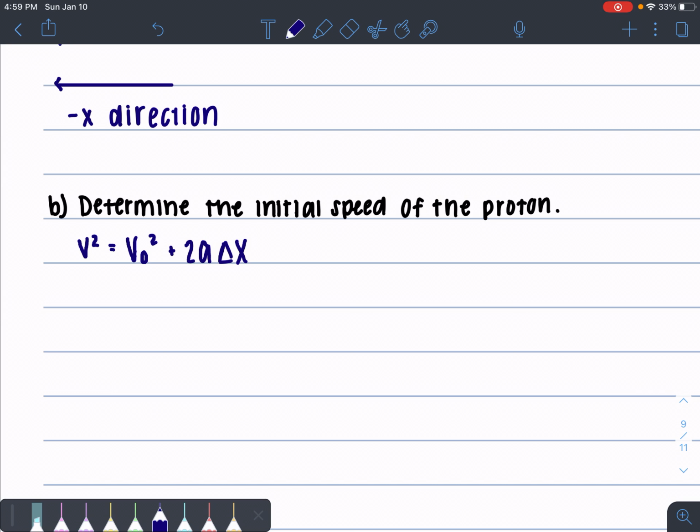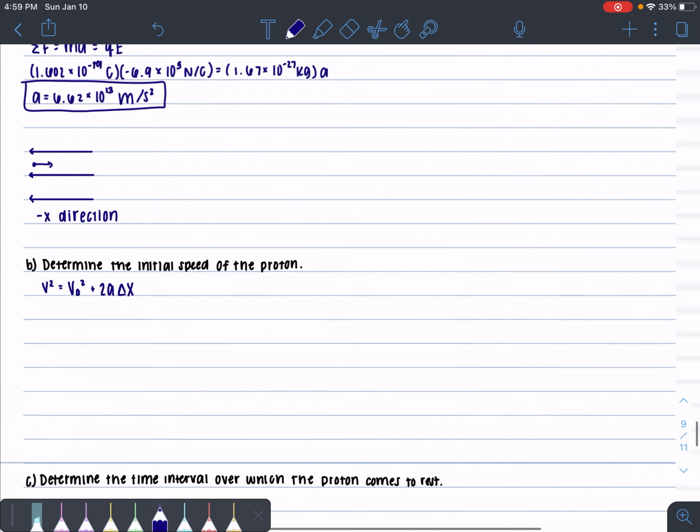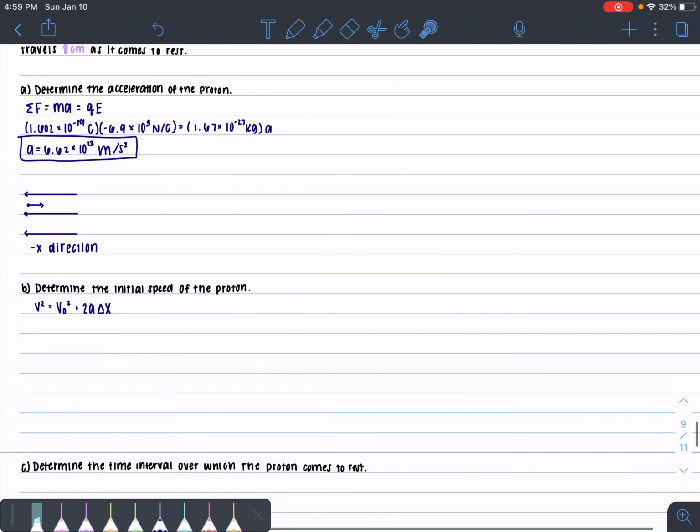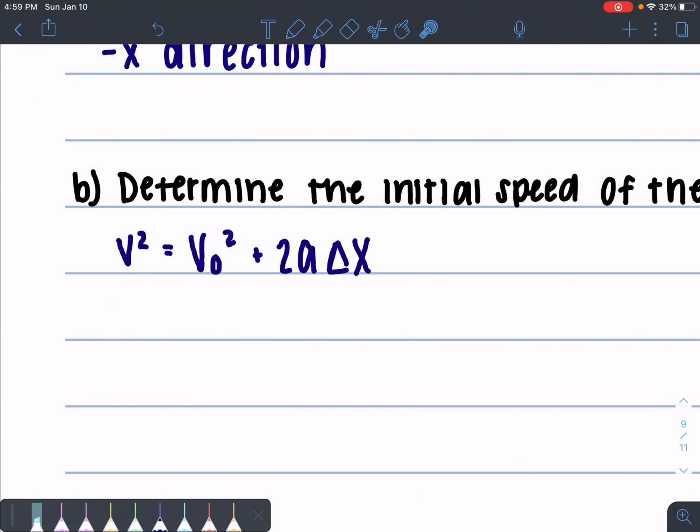So the final velocity is 0 because right here it tells us that it comes to rest after 8 centimeters. So I'm going to isolate the initial velocity because that's what we're looking for. It's equal to the square root of 2a delta x.